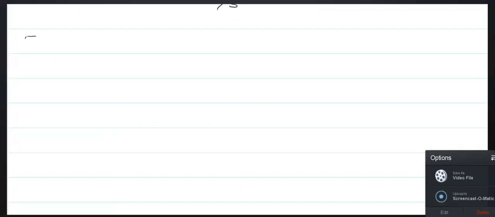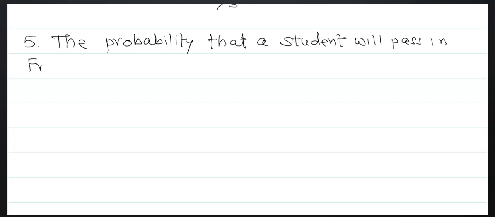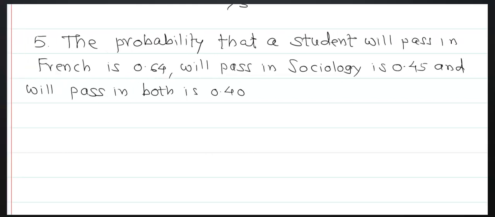Now we'll start problem number 5. The probability that a student will pass in French is 0.64, will pass in sociology is 0.45, and will pass in both is 0.40.